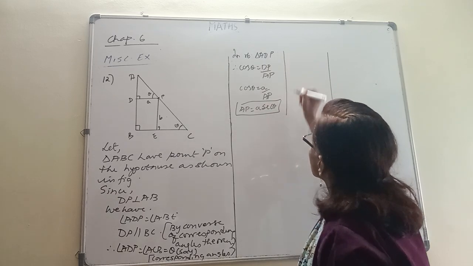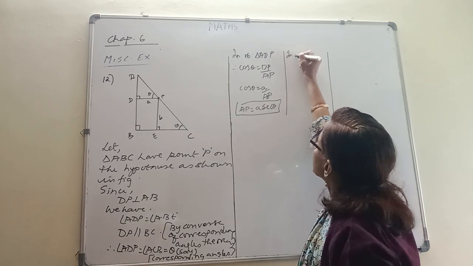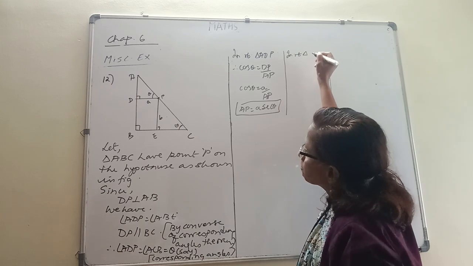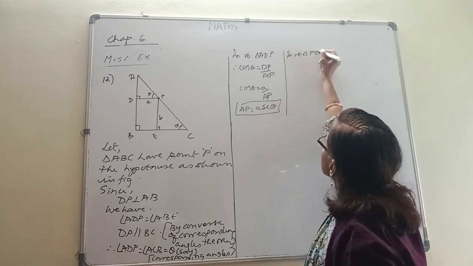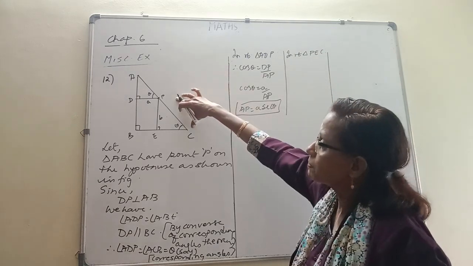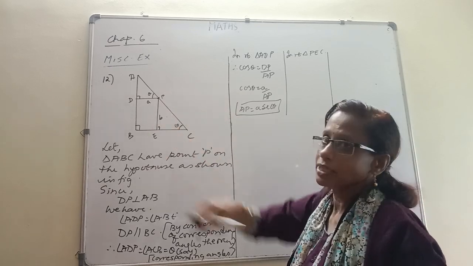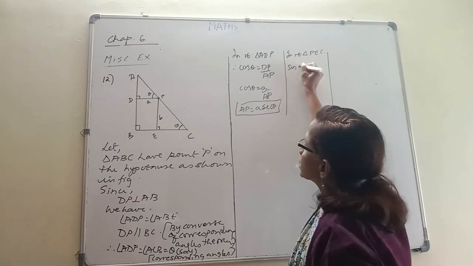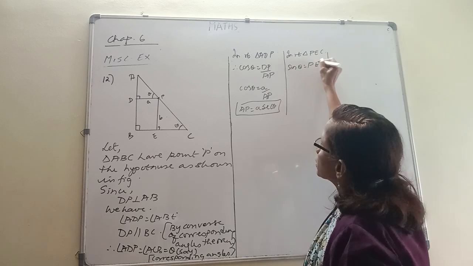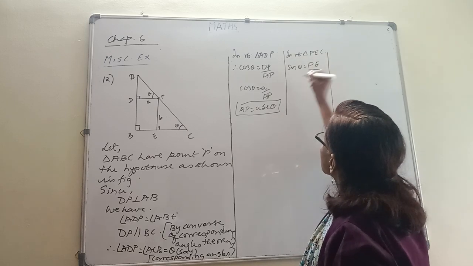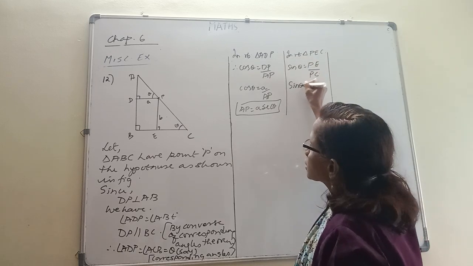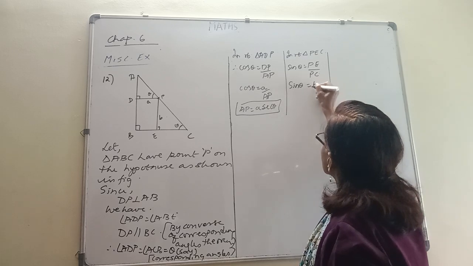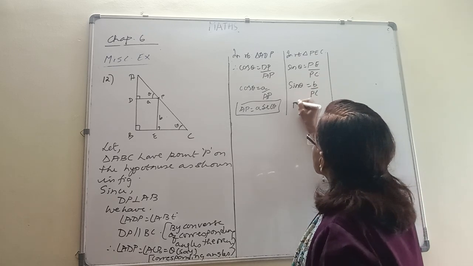Simultaneously, we can also talk of right triangle PEC. We need PC and we know PE, so it is sine which is going to help us. Sine theta is going to be PE over PC. PE we know is b, and PC we require, so let sine theta go to the other side.